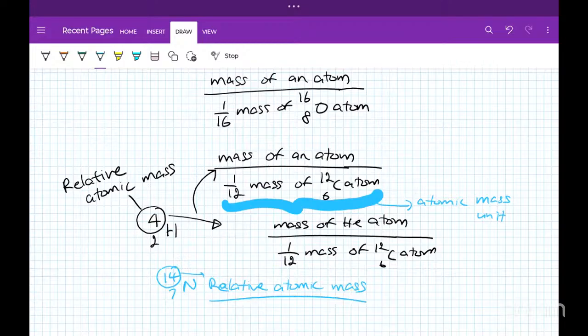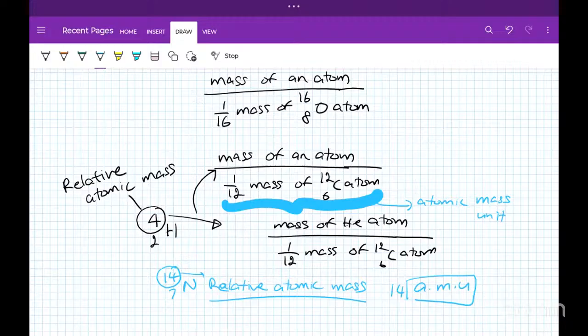It does not have any kind of units like grams or meters or candela or Newton, but we call it atomic mass units. 1/12 of the carbon 612 atom is 1 AMU. So we say nitrogen has 14 AMU, atomic mass units.